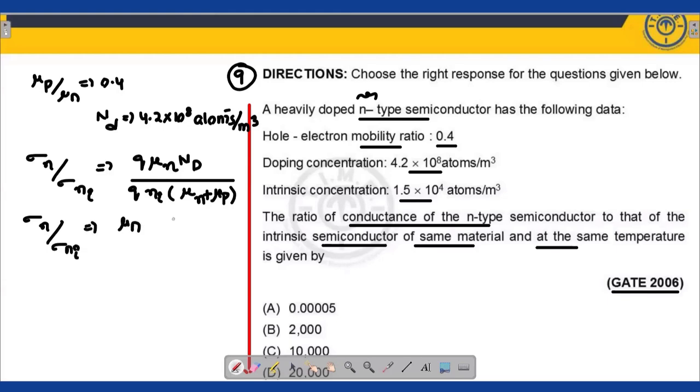So mu n will be taken common here, Q into ND divided by Q into Ni into, taking mu n common, 1 plus mu p by mu n in the denominator.